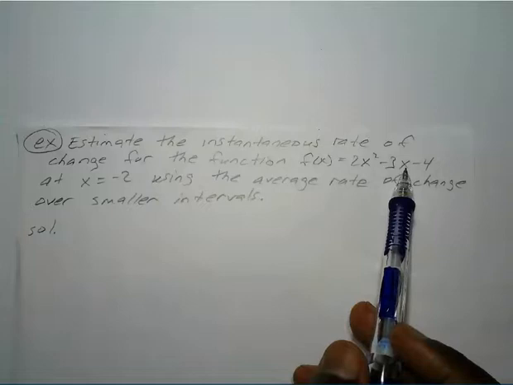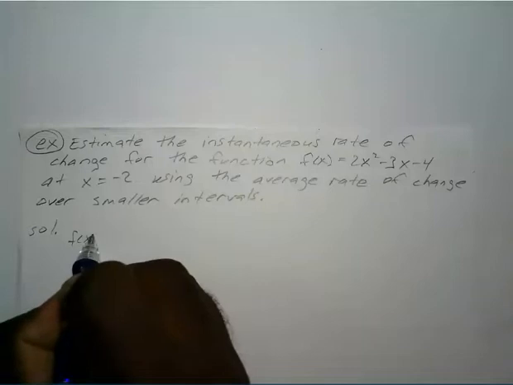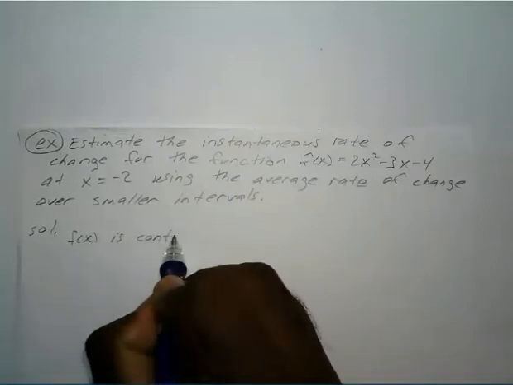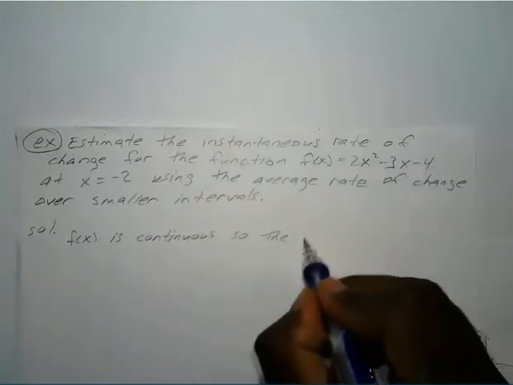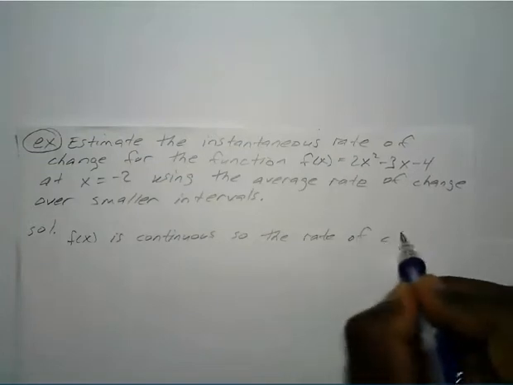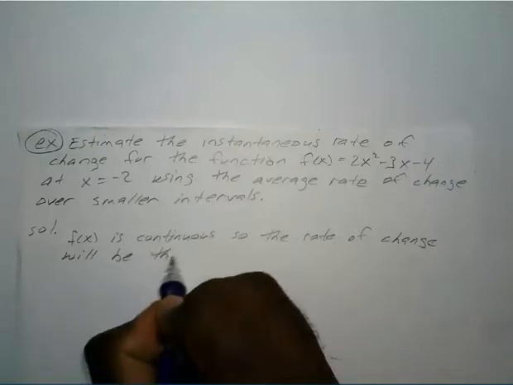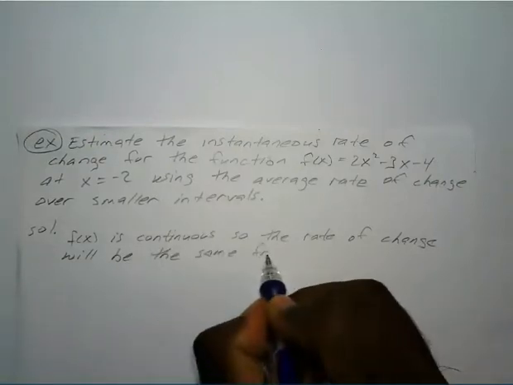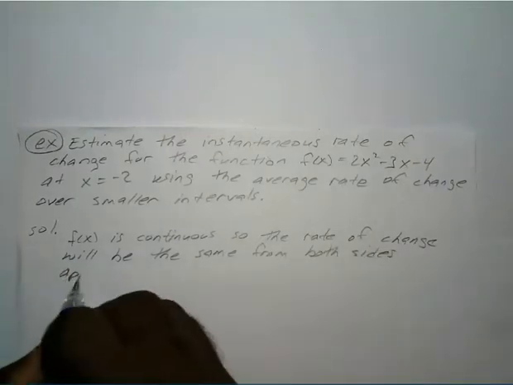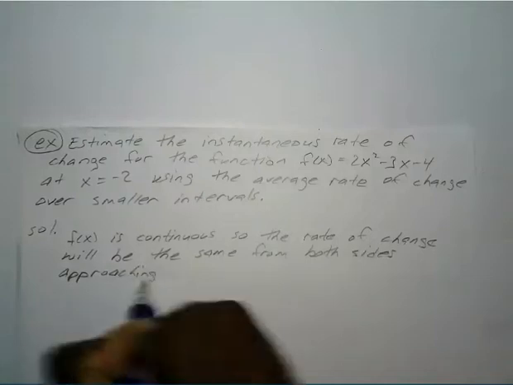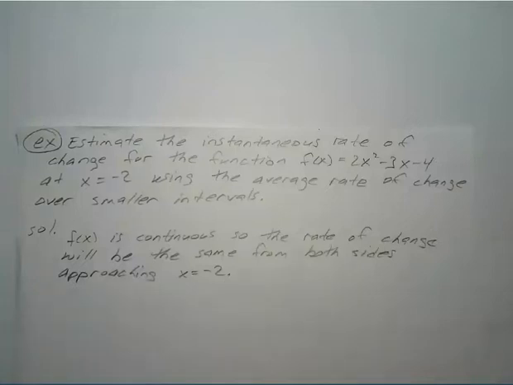Since it's continuous, the rate of change will be the same from both sides approaching x equals -2. So it doesn't matter if we go from the right or the left.